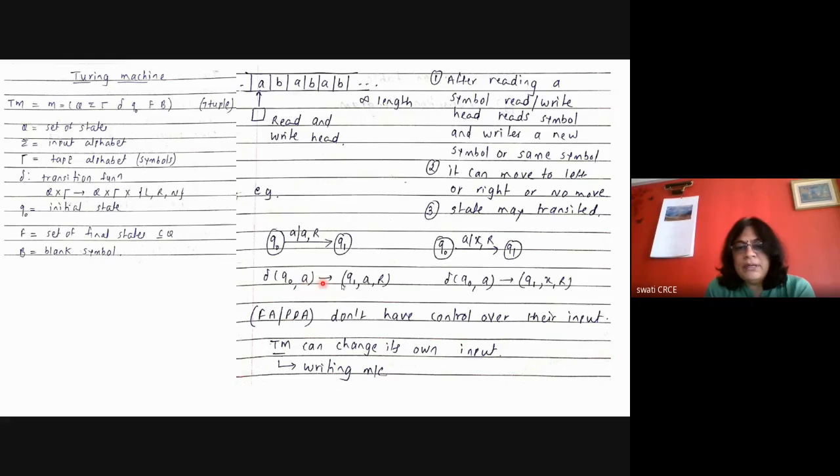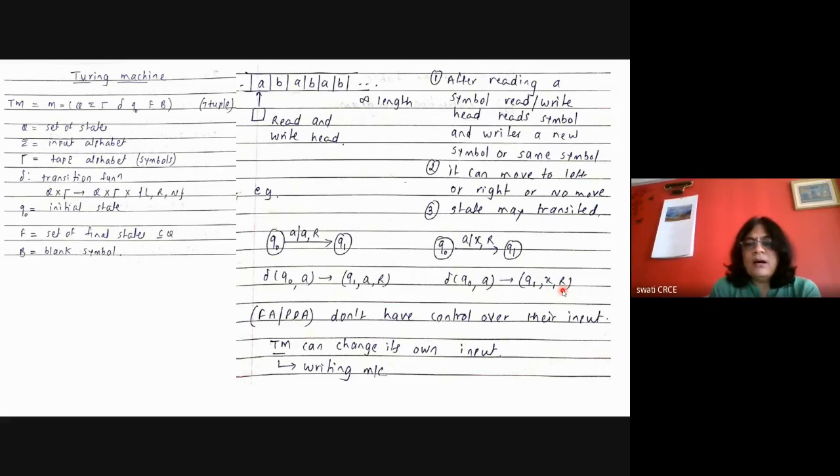What is going to happen? It's going to go to the new state, that is q1. A is replaced with small a and it's going to write. So you can write that in terms of delta. Or for this particular transition, you can say that it is in the state q0. It's reading small a. Then it is going to the new state q1. A is replaced with x, meaning this a is changed to x, and it moves to the right side.